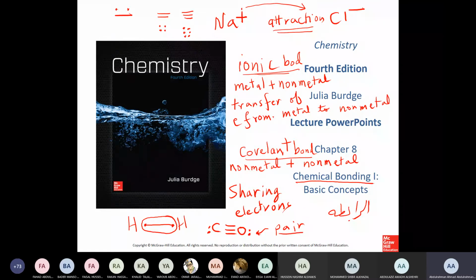What does pair mean? Couple. Pair means two. Okay. And we are going to call them unshared pair. So what are we going to call the bond?